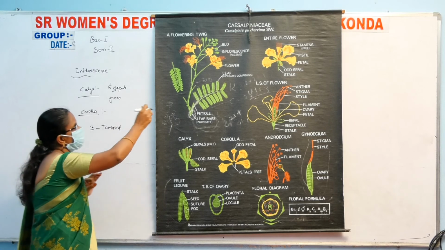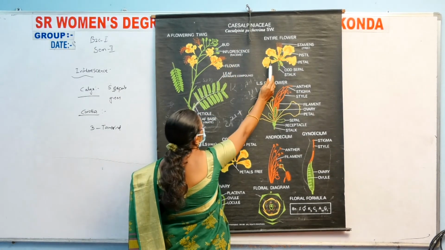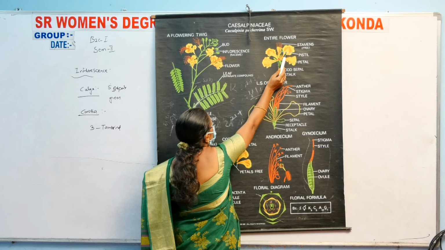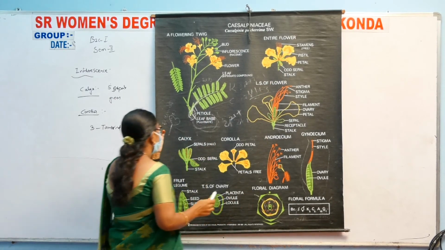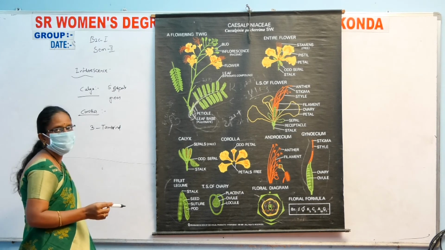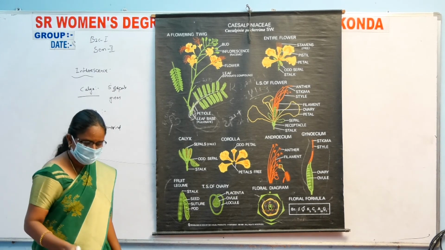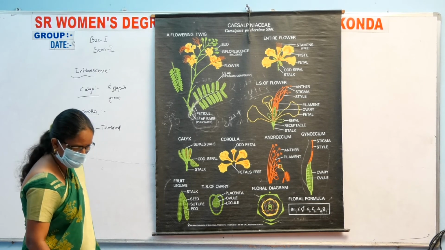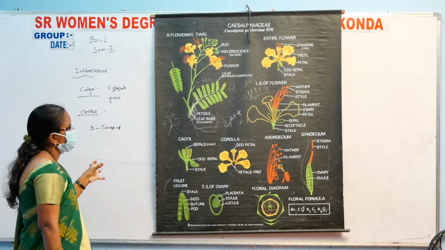For example, in Caesalpinia pulcherrima, 1, 2, 3, 4, 5 petals are present. Only 3 petals are present in tamarind plants, and the 2 petals are suppressed.